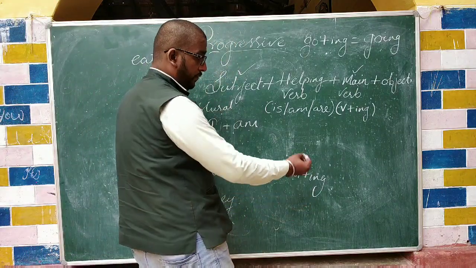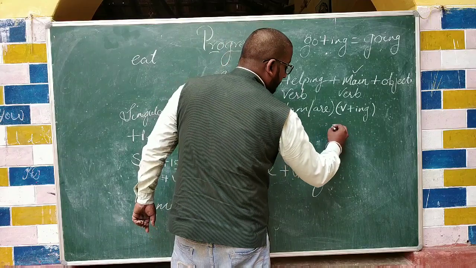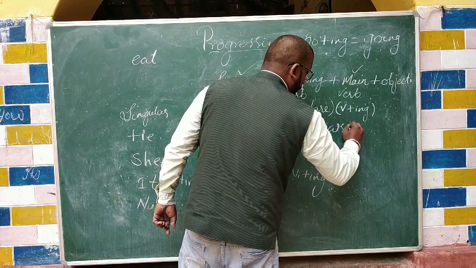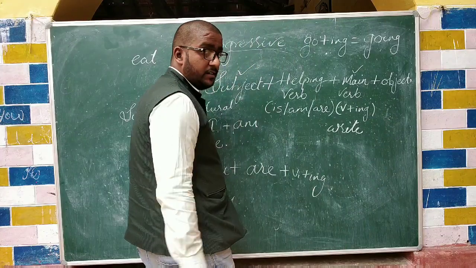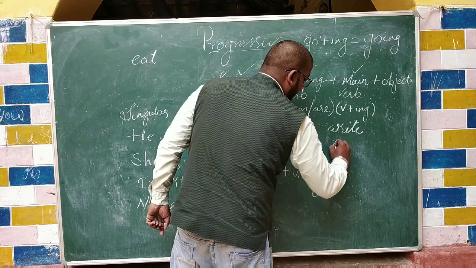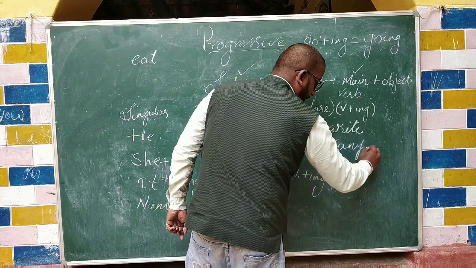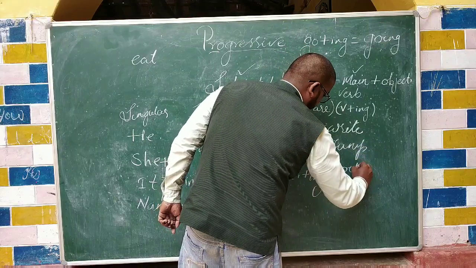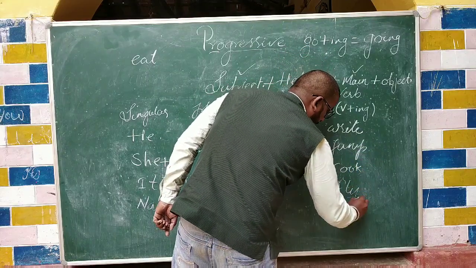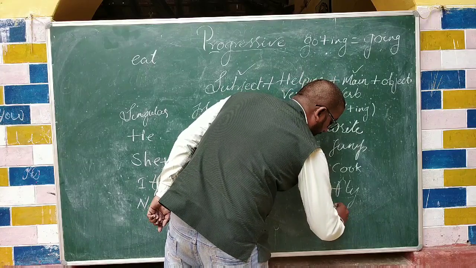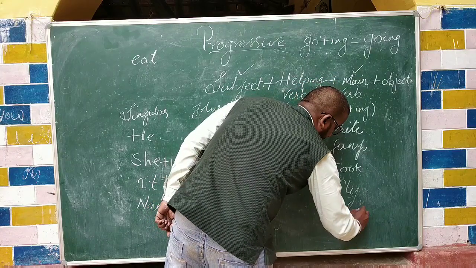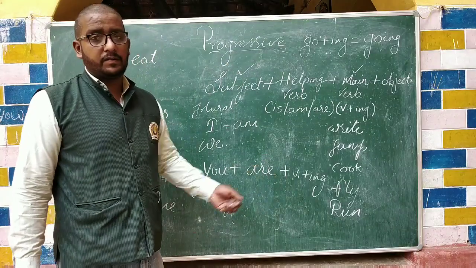I shall be giving you few verbs that you can use to form different sentences. So first one is write, next is jump, cook, fly, and run. So using this, create different sentences.